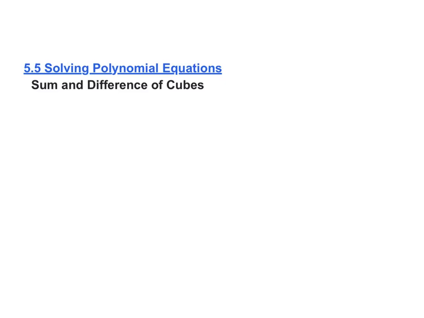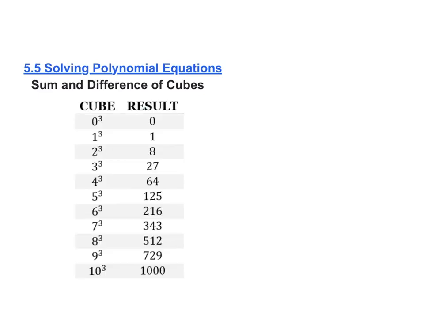All right? In order to be able to start recognizing when you have a perfect cube, I'm going to give you a list of perfect cubes. And it looks like this. So these are the perfect cubes on the right. When I take 0 and cube it, 1 and cube it, 2 and cube it, 3 and cube it, I get these.